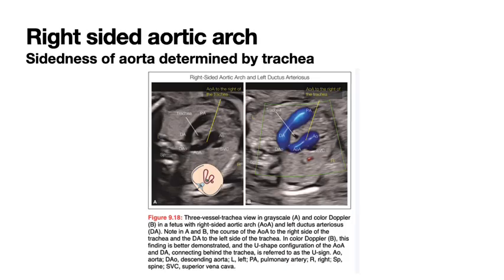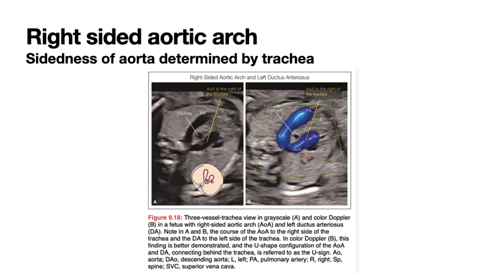All right, while we're in this view, this is also the view where you would determine whether there is a right-sided aortic arch. Remember, normally in very early embryologic life, there were two aortas. The one on the right regressed, leaving the one on the left. If the one on the left regresses and leaves the one on the right, you've got a right-sided aortic arch.